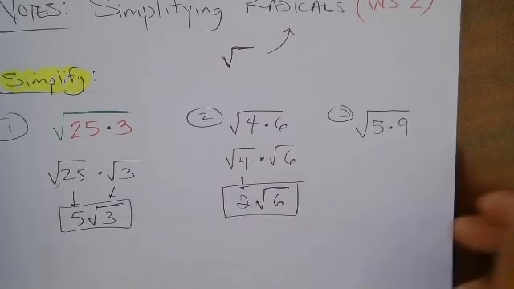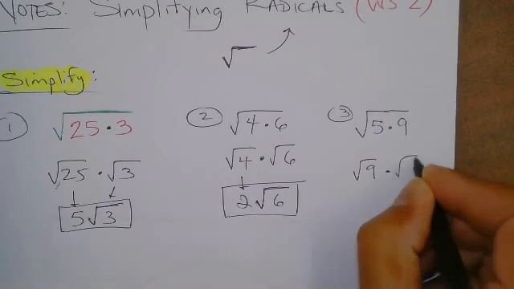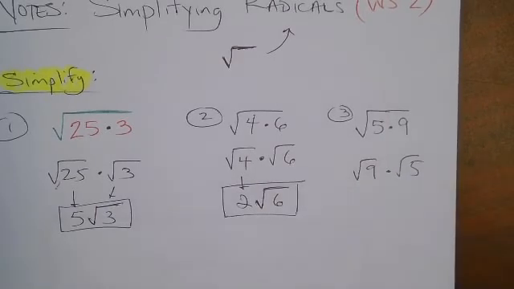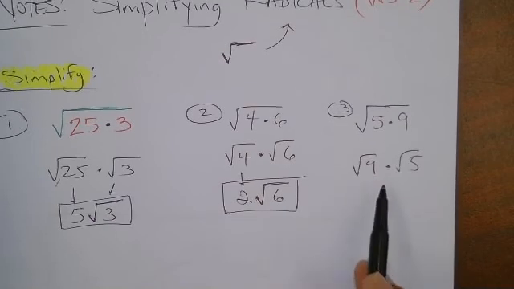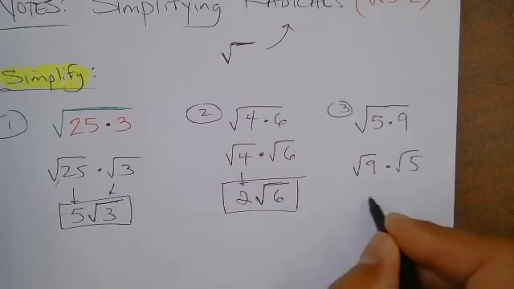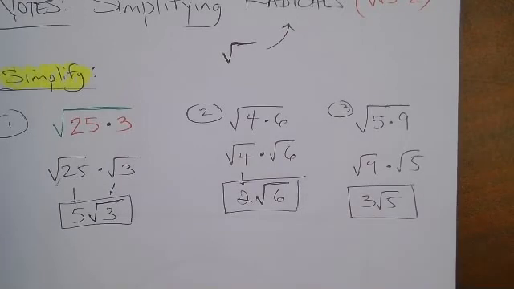The 9. Does everybody agree? We want to write the one that is a perfect square in the front. So I'm going to write the square root of 9 times the square root of 5. What's the final simplified form of this? 3 root 5. Is that pretty easy? Is that okay with you guys?